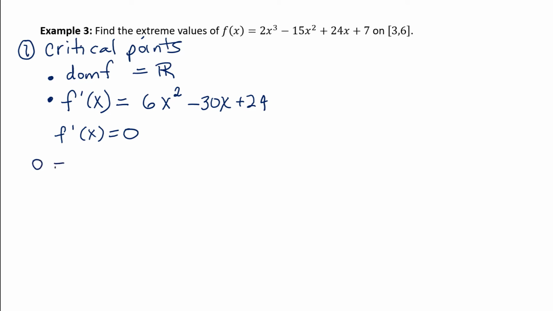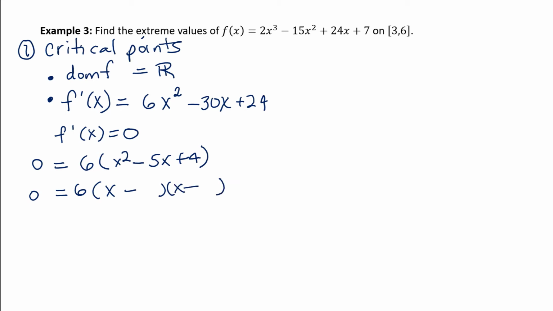So we have 0 is equal to, factor out a 6 that's common to those three terms, 6 times x squared minus 5x plus 4. Now we'll factor that quadratic. 0 equals 6 times x minus, the factors of 4 that work would be 1 and 4.